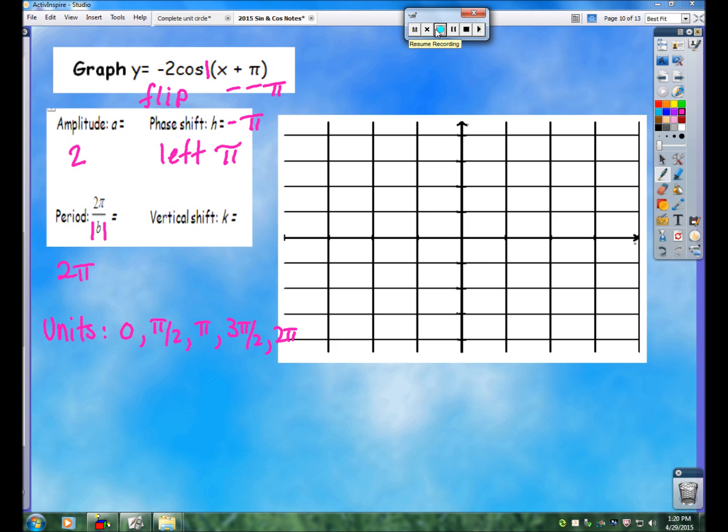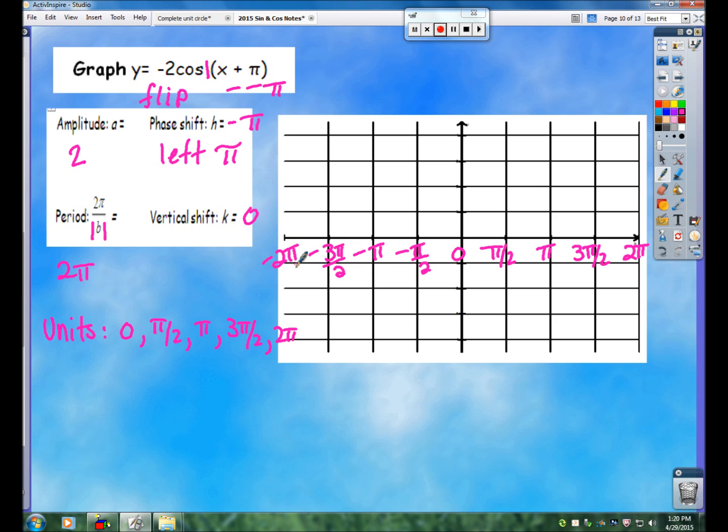All right, so now let's see. Our k is 0, so we're not going to change our baseline. Let's put our units in there. Okay, so now what's happening here?